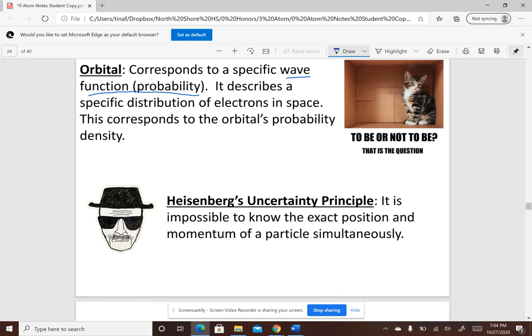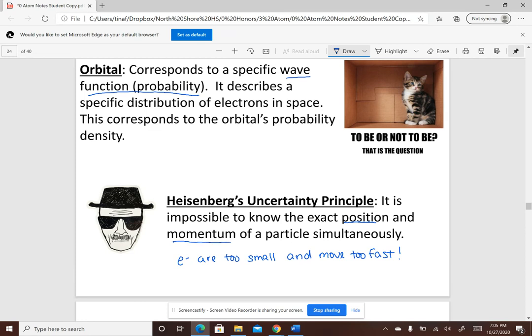So Heisenberg came up with the uncertainty principle. And again, this is restating what we've been talking about. He's saying that electrons are too small and move too fast to know both where they are, their position, and how fast they're moving at the same time.